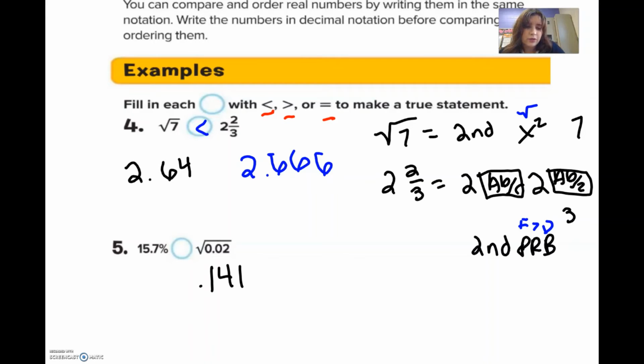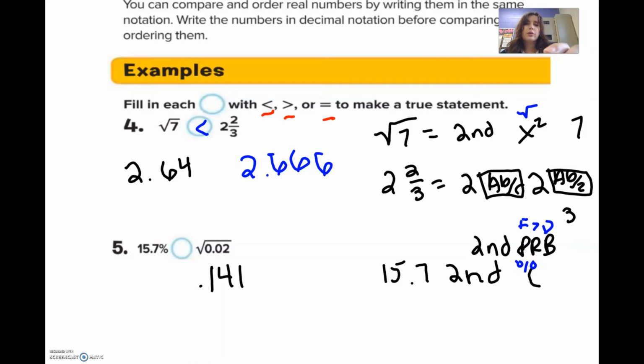Let's break down those buttons. So we have 15.7. You're going to type that into your calculator first. And then you're going to press second, and then you're going to press the parentheses button. Okay, on top of the parentheses button is a percent sign.